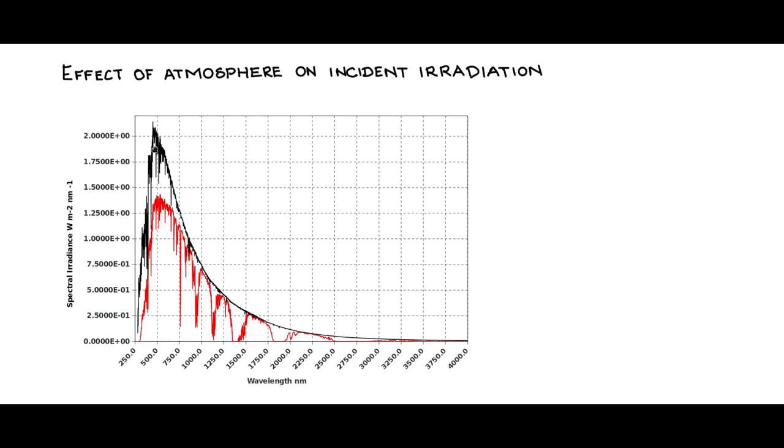The one in black is the extraterrestrial spectral irradiance. You see that there is a significant amount of attenuation after having passed through the atmosphere, and this is the irradiance that is measured or measurable at sea level on the surface of the earth after passing through the earth's atmosphere.